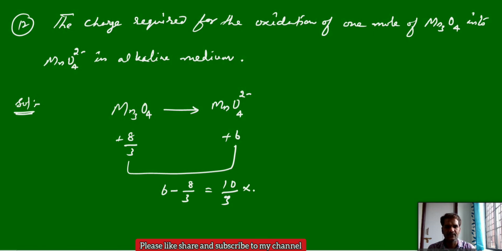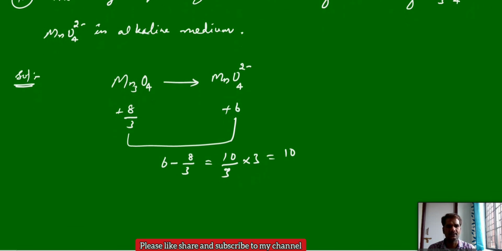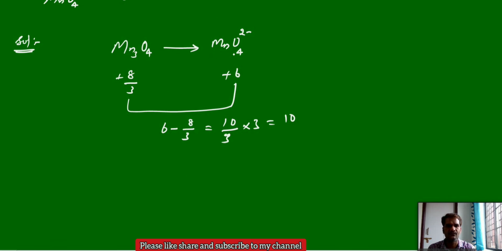So the total change is 3 into 10/3, which is 10 per molecule. So 10 electrons are involved in the conversion of Mn3O4 to MnO4 2-. 10 electrons required means we require 10 Faraday of charge, or 10 moles of electron charge.